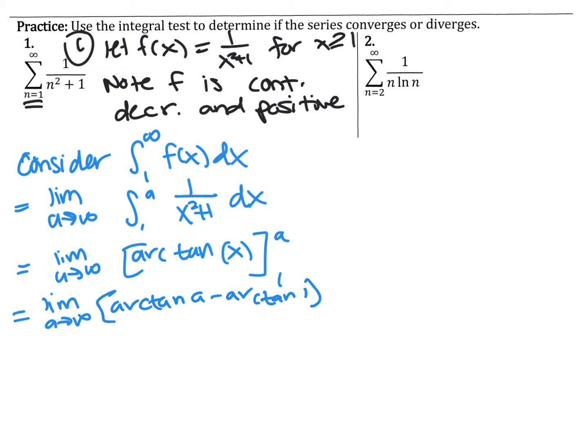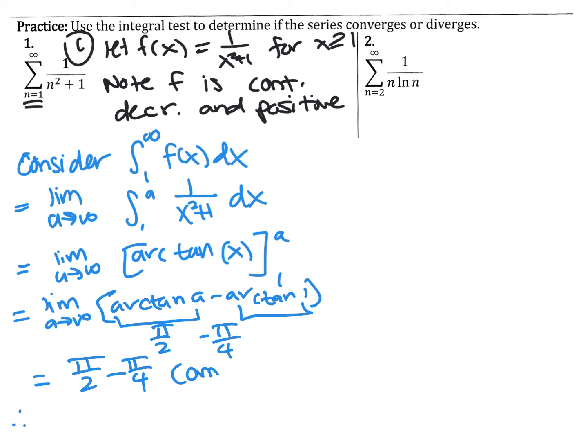Now we should know that as a goes to infinity, arctangent is going to be pi over 2. Arctangent of 1 is going to be pi over 4. So this limit is going to equal pi over 2 minus pi over 4. So we have shown that this integral converges.